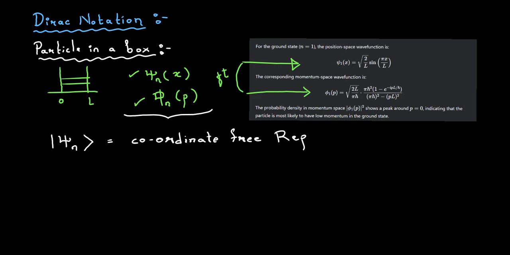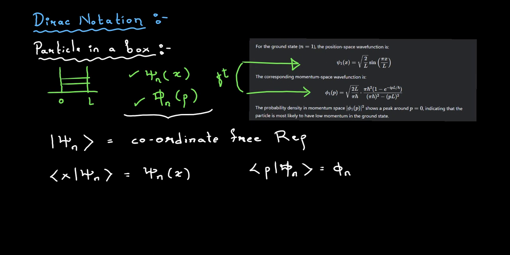If you want the representation in position space, then you write it like this. This is actually psi n of x, and if you want the state represented in momentum space, then what you have is this. So this is phi.